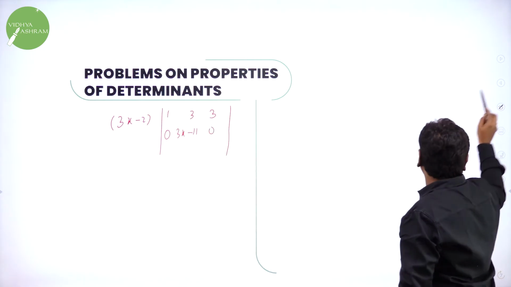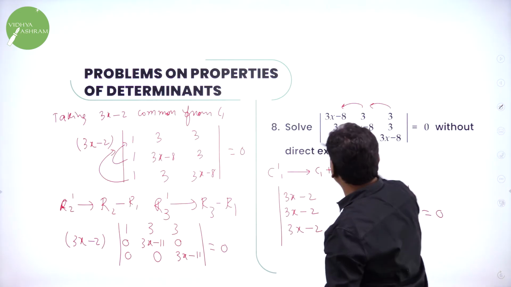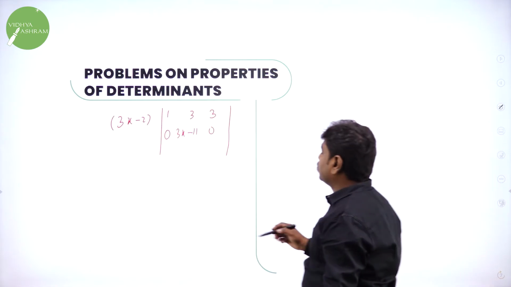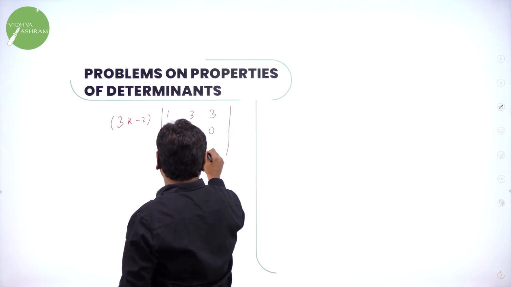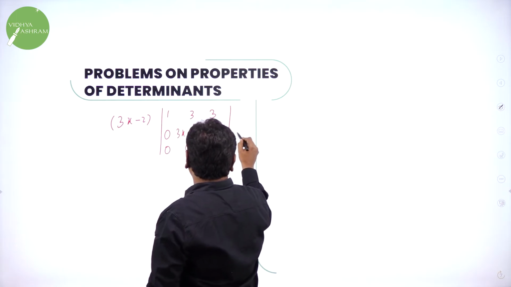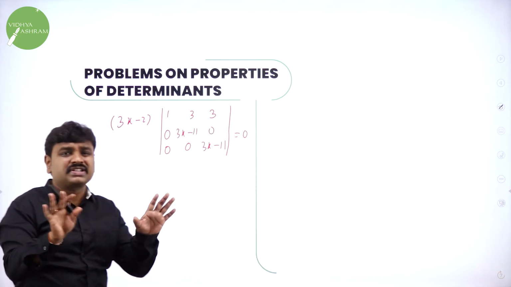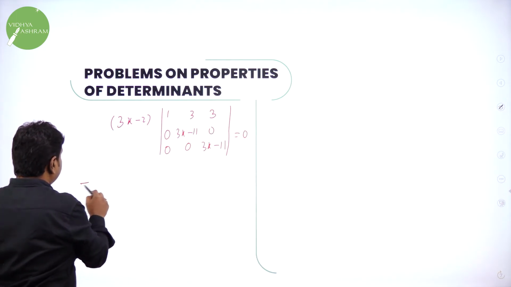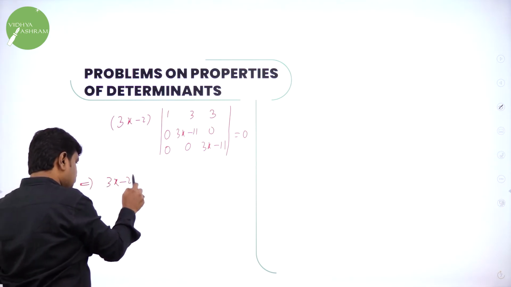Third row, what we got? 0, 0, 3x minus 11, is equal to 0. Now expansion is simple. So this 3x minus 2 will be as it is.